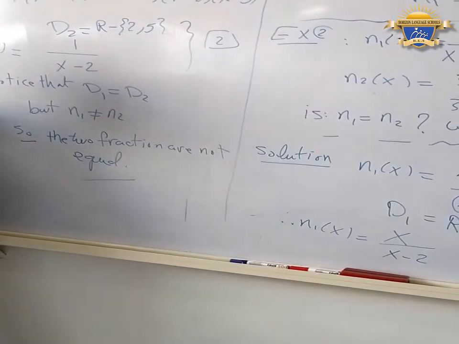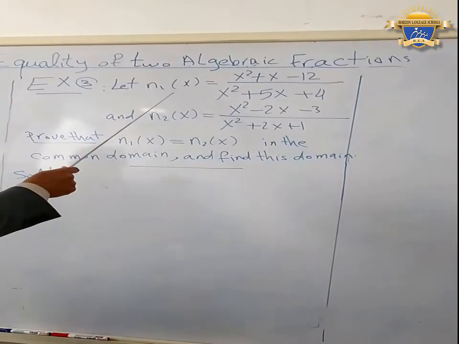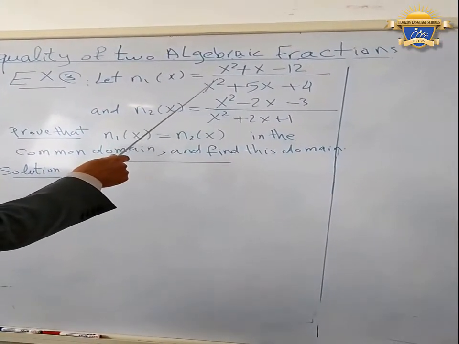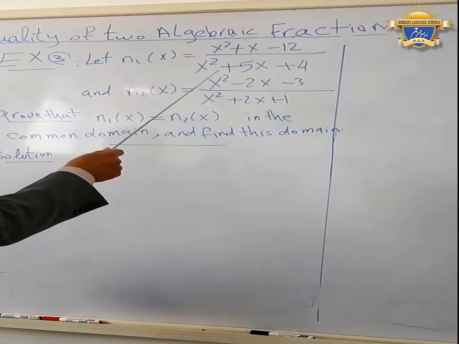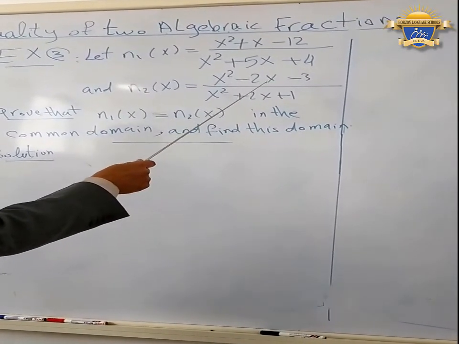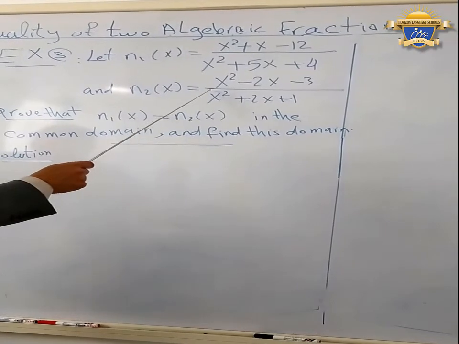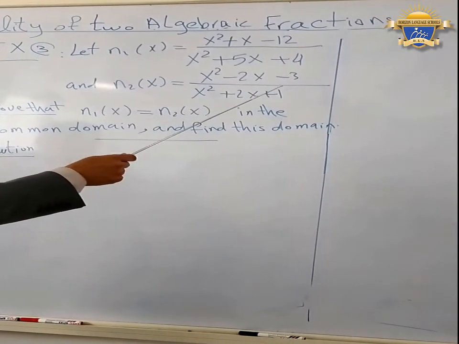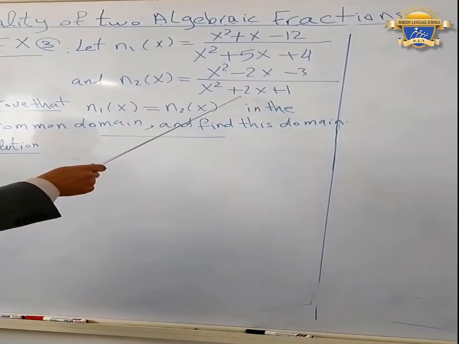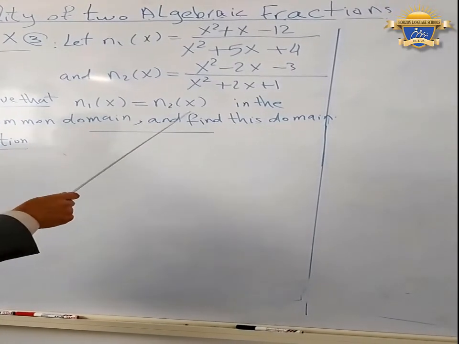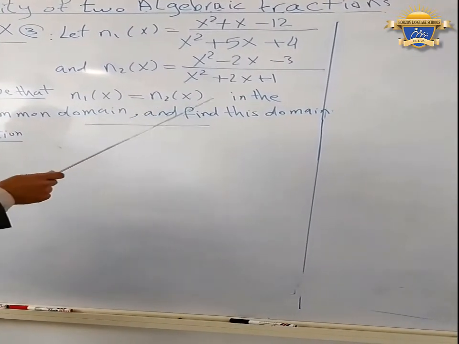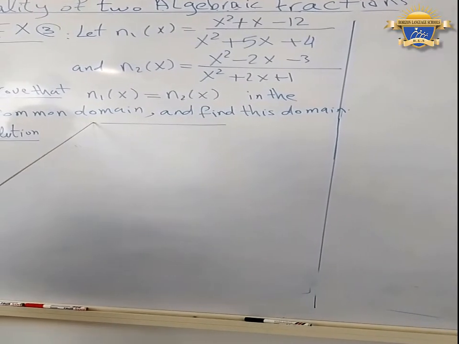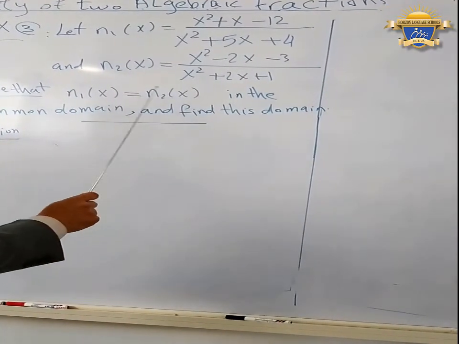N1 of x equals x squared plus x minus 12 over x squared plus 5x plus 4, and N2 equals x squared minus 2x minus 3 over x squared plus 2x plus 1. Prove that N1 of x equals N2 of x in the common domain and find this domain.